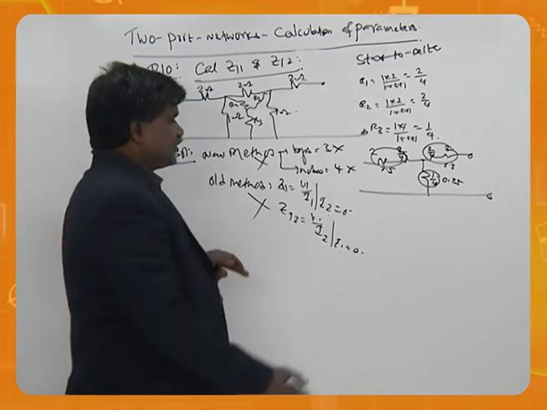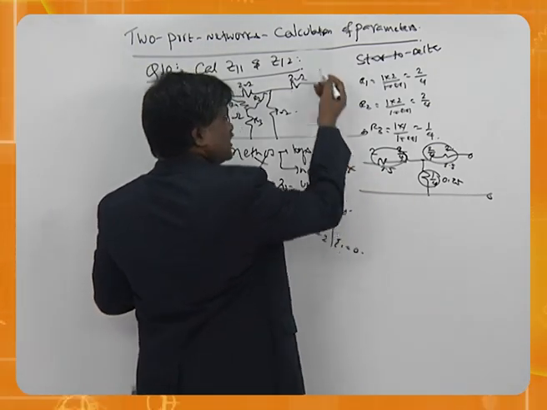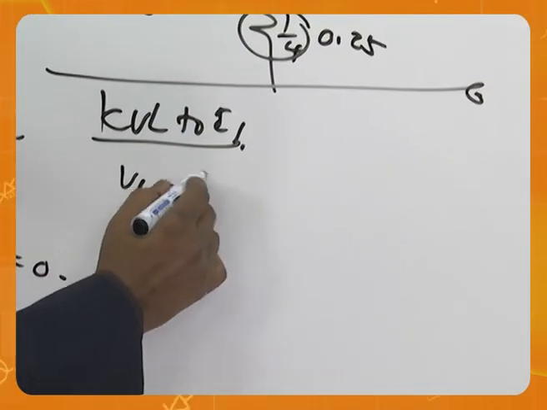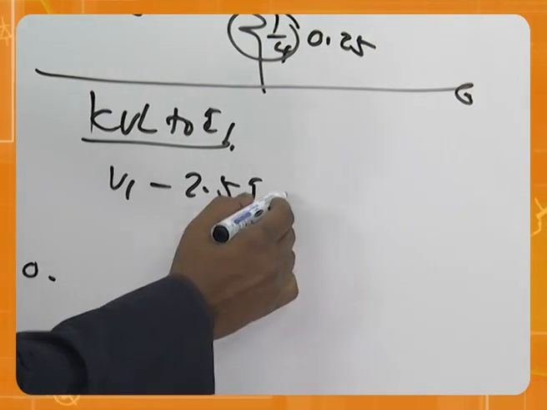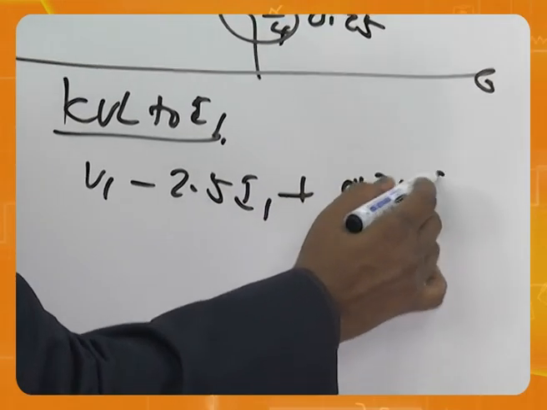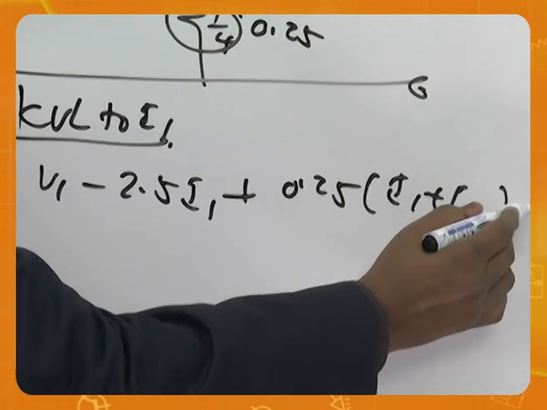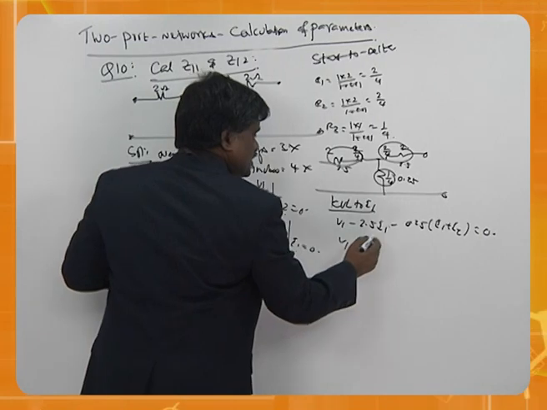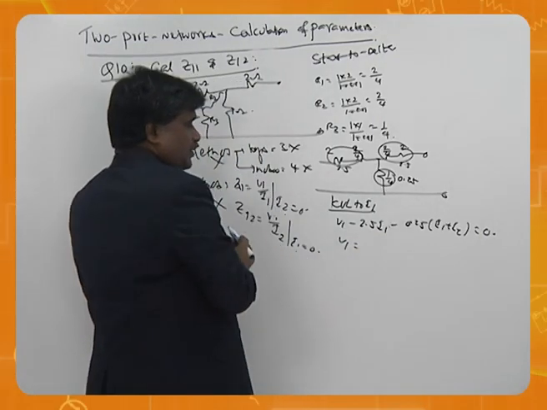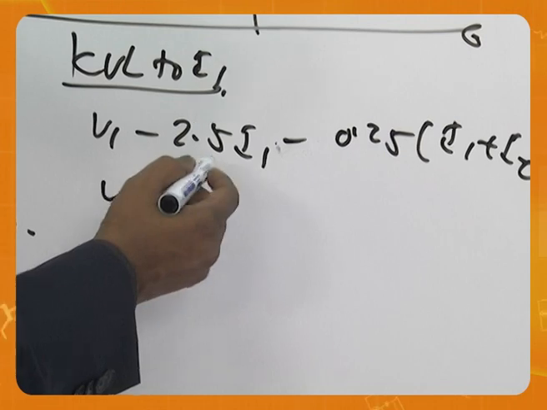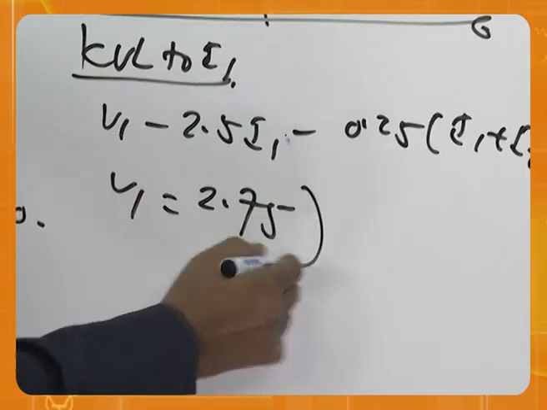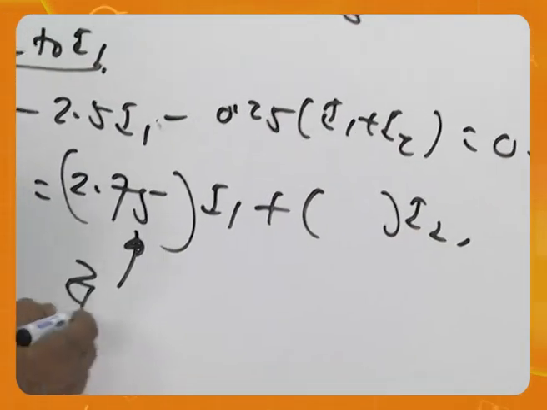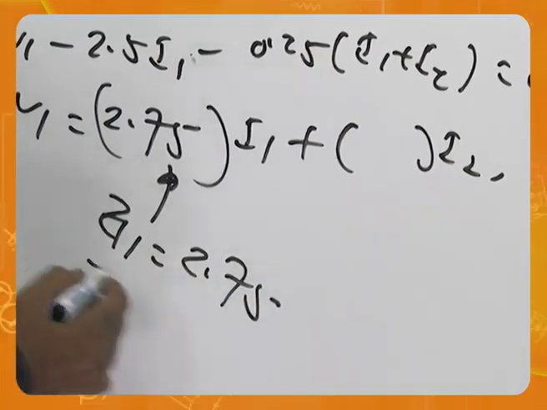Now if you really go for your ordinary style, because you want impedances, then go for KVL to I1. V1 minus 2.5 I1 plus 0.25 I1 plus I2, 0. So V1 is equal to 0.25 and 2.5, 2.75 into I1 and something into I2, because you are interested in Z11 here, which is 2.75.